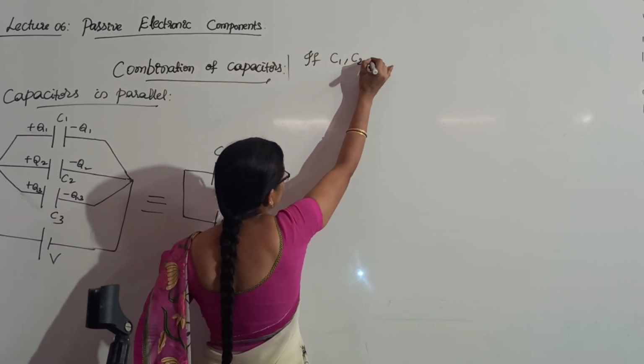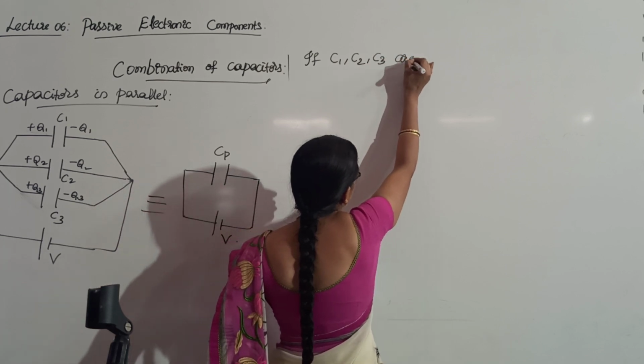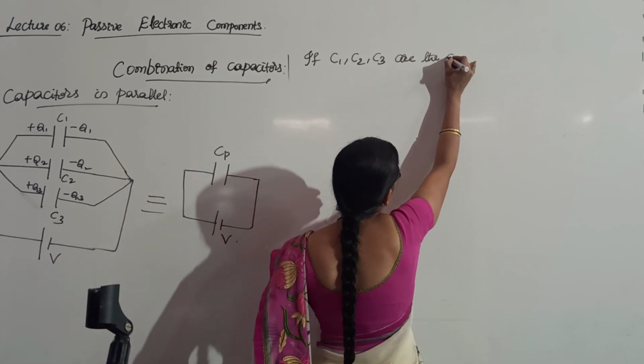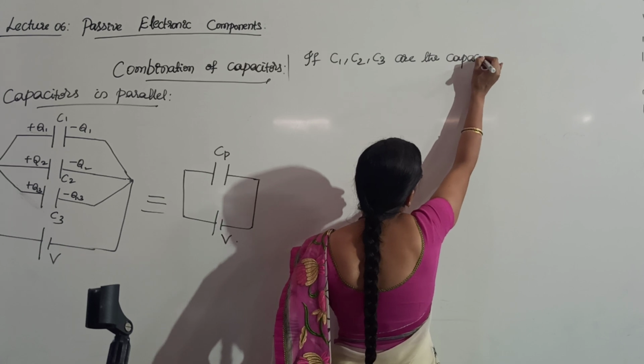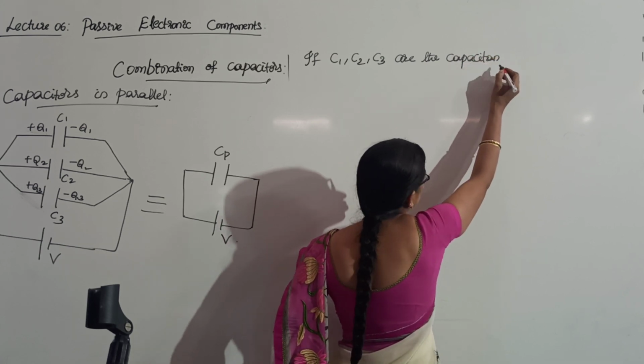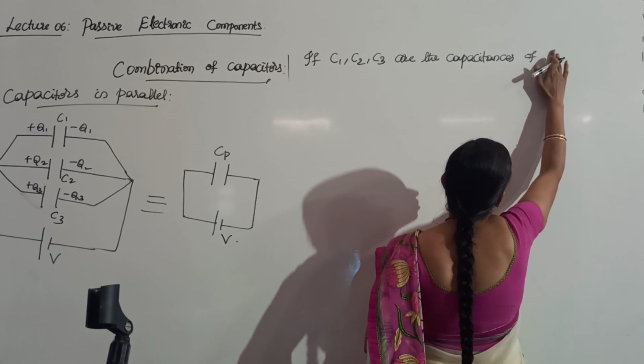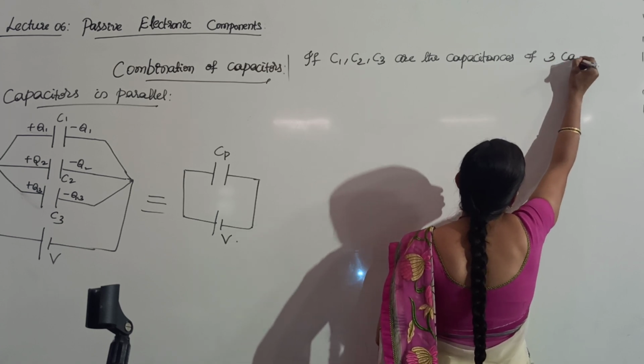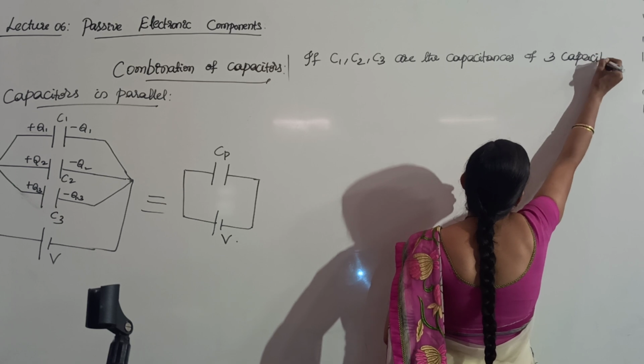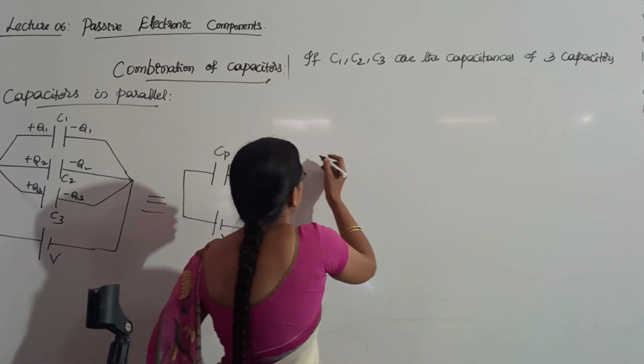C1, C2, C3 are the capacitances of three capacitors connected in parallel.